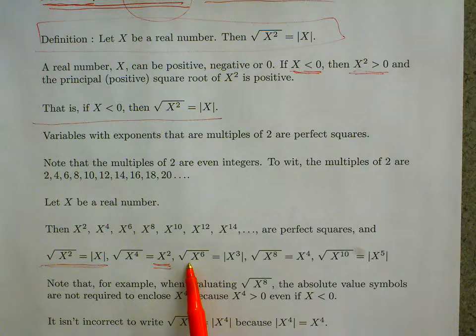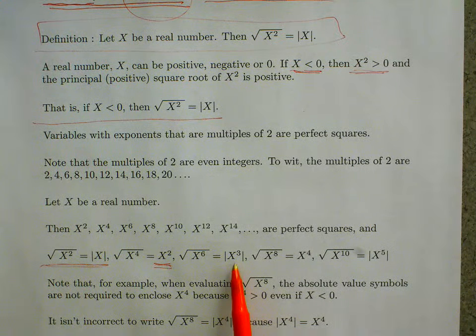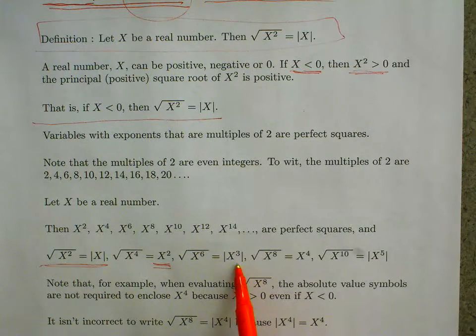If we want to compute the square root of x to the 6th, we have to write the absolute value of x to the 3rd. Because if x is negative, x to the 6th is positive. But x to the 3rd, if x is negative, is negative, so we have to take the absolute value of it.